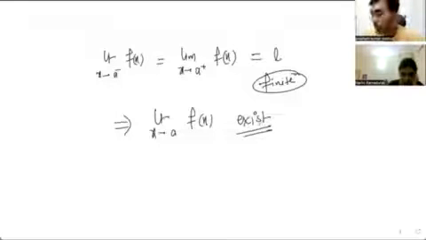If we are getting equal values at both points, we will say that the function limit exists. So we have to analyze from both the left hand side and the right hand side. Okay, got it? Fine.